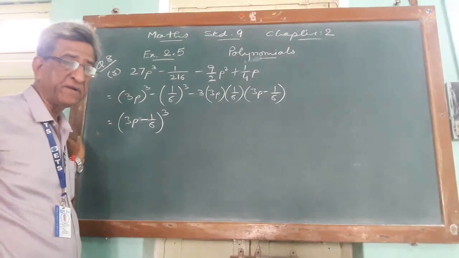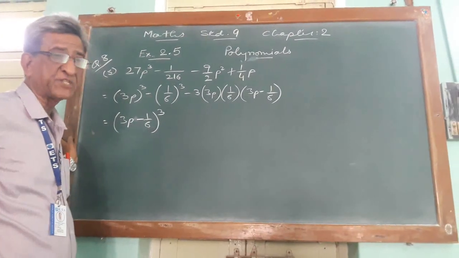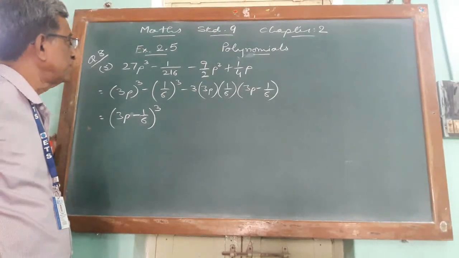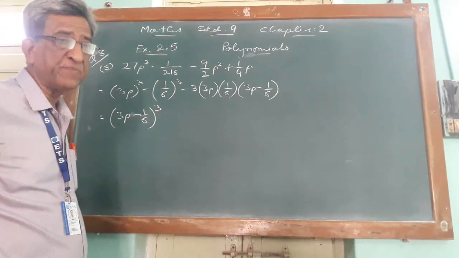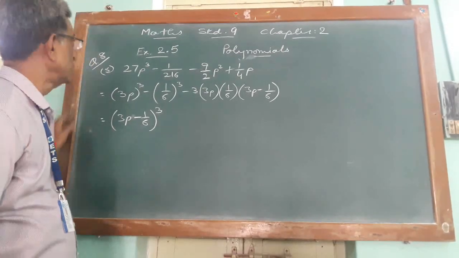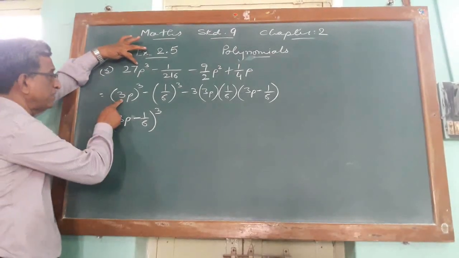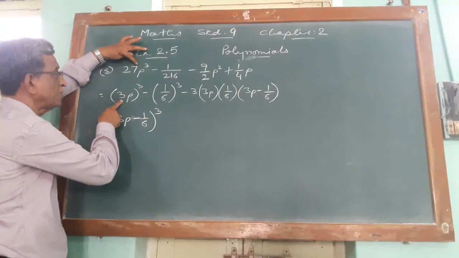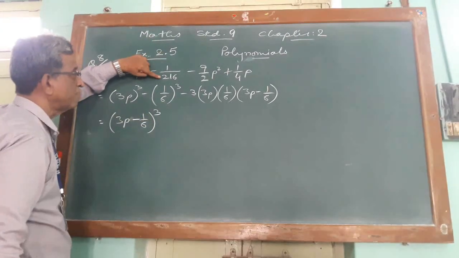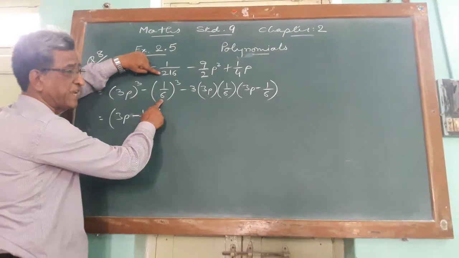Here also the method remains the same, expressed in the form of the formula a cube minus b cube minus 3ab into a minus b. So 27b cube can be written as 3b whole cube minus 1 upon 6 whole cube, since 216 is the cube of 6.